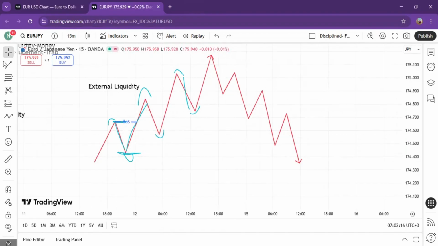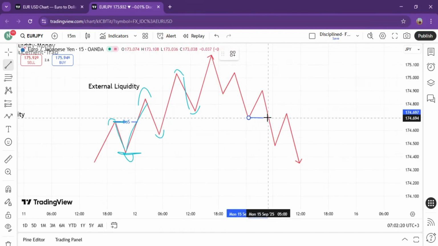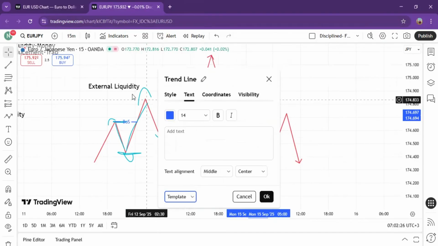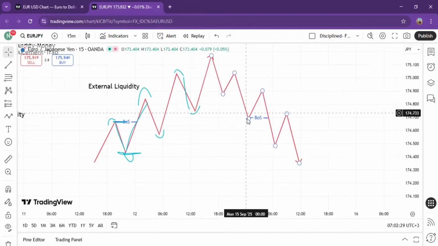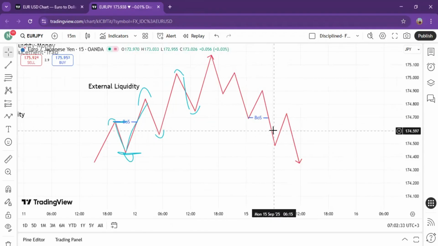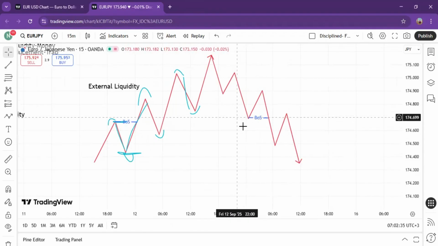The same thing, as the market continues to give us breaks of structure at this point, we have the liquidity being taken out on the lower lows here. So the market is breaking structure to the downside, taking liquidity out at this point.